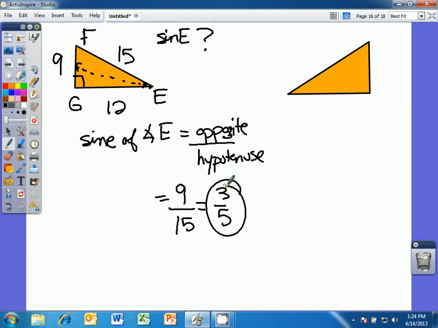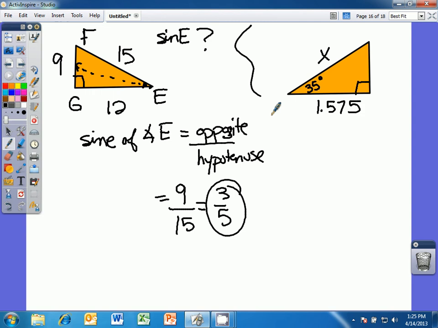Now we can also use this to find missing lengths. So for example, if I have this angle labeled as 35 degrees, I want to find out what the length of the hypotenuse is if I know that the adjacent side is 1.575.